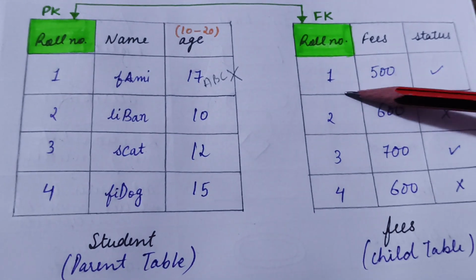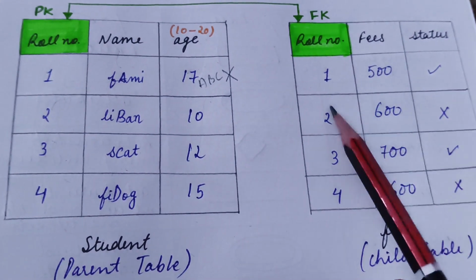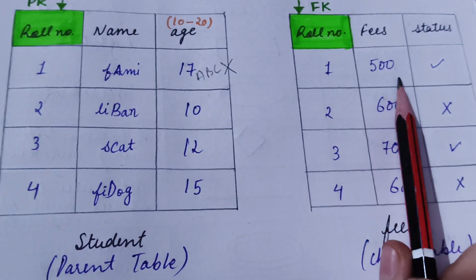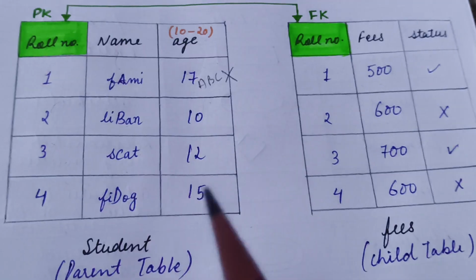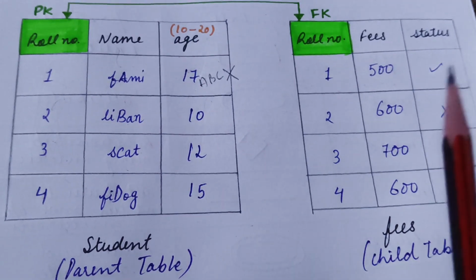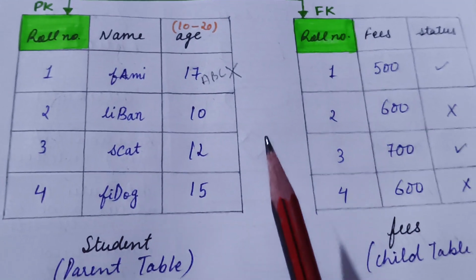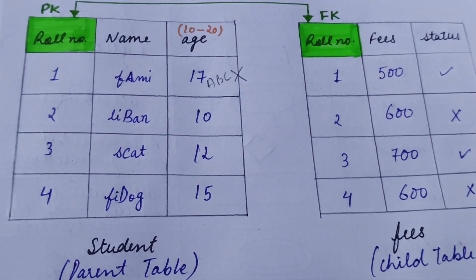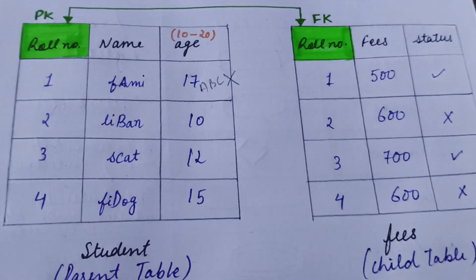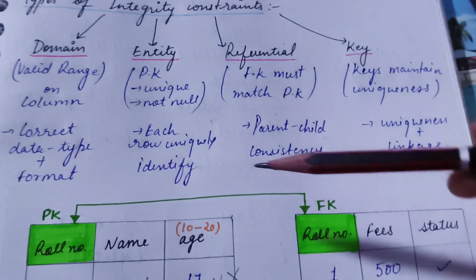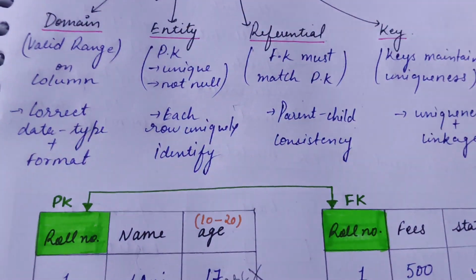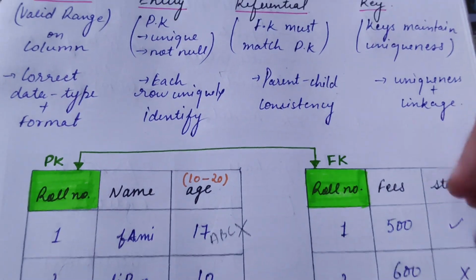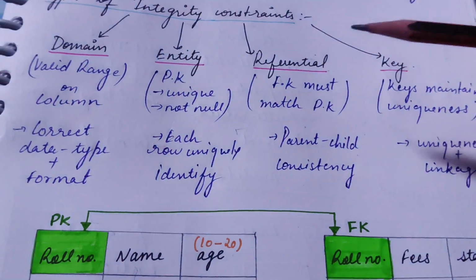If the student who has fees of 500 does not exist, we cannot find the data, so it leads to inconsistency throughout. So it ensures that parent-child consistency is valid.